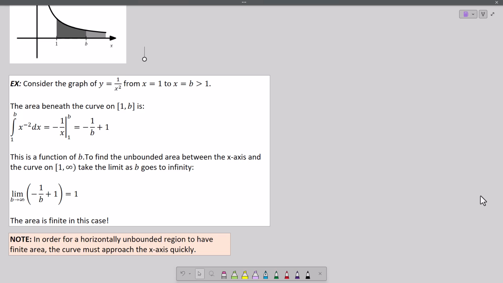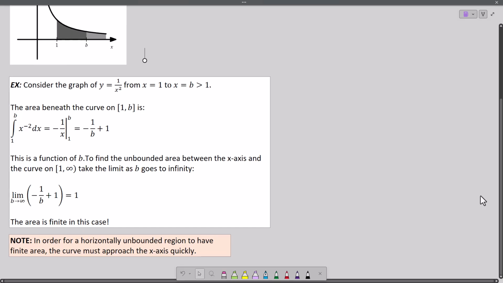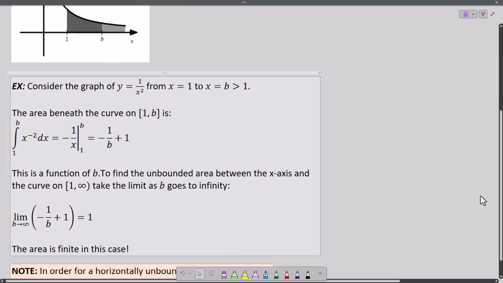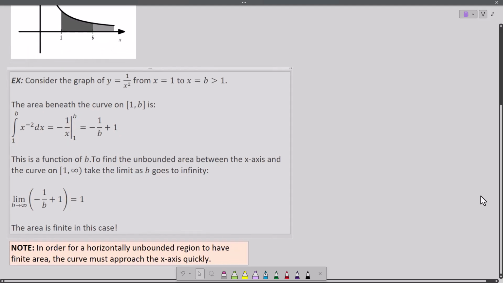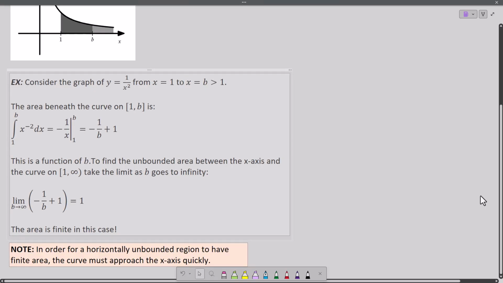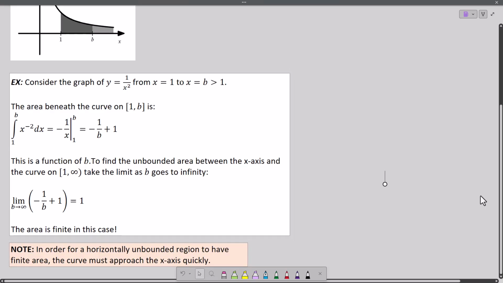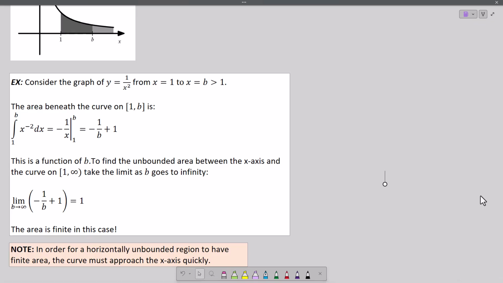If you plug in b equals 2, so if we were out here between 1 and 2, what do we get for our area? So if we were going to integrate from 1 to 2, what's the area? If b is 2, the area will be 1/2.